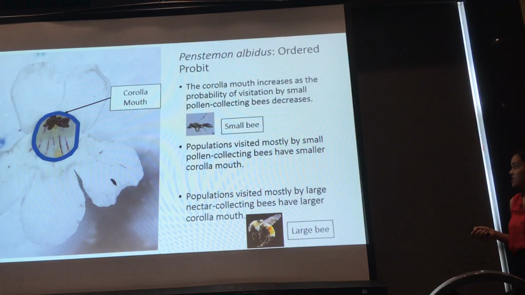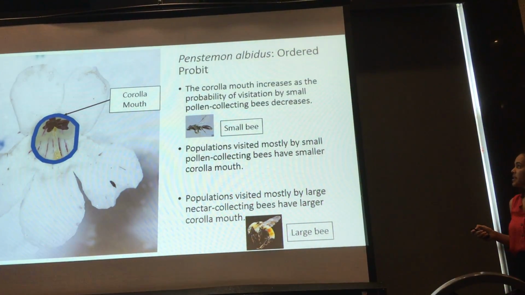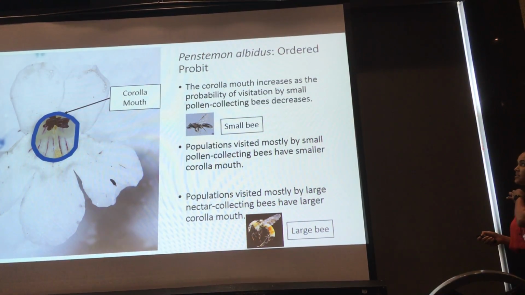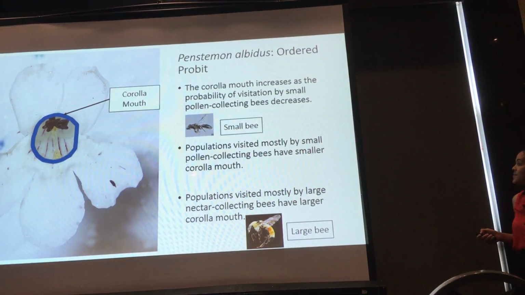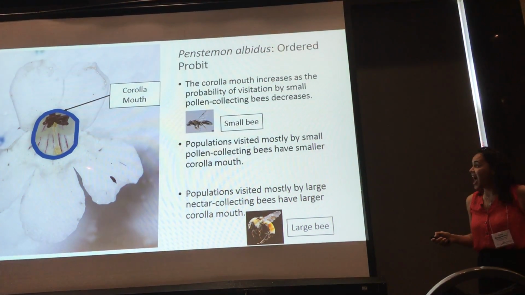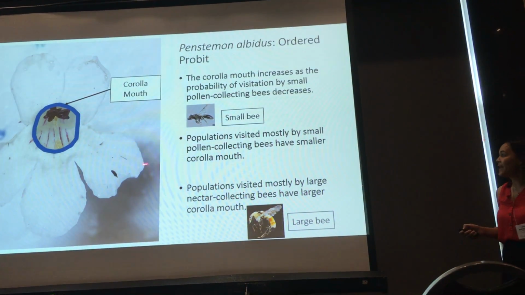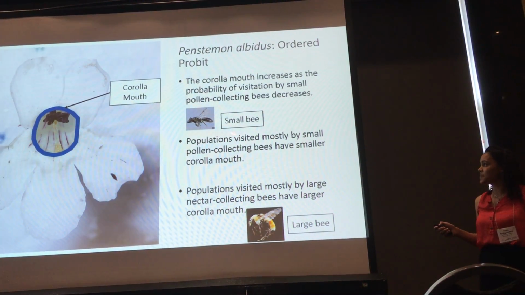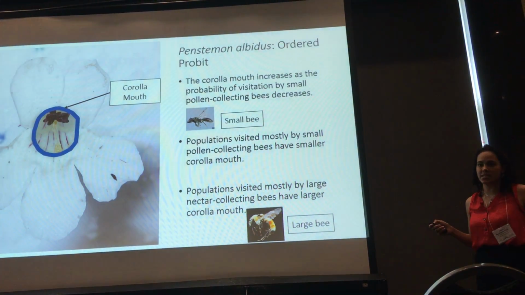Specifically, to answer that question, I did an ordinal probit analysis for each species individually, and here I'm presenting the result for Penstemon albidus. The results indicate that as the corolla mouth decreases, the probability of being mostly visited by this type of small pollen-collecting bees increases.